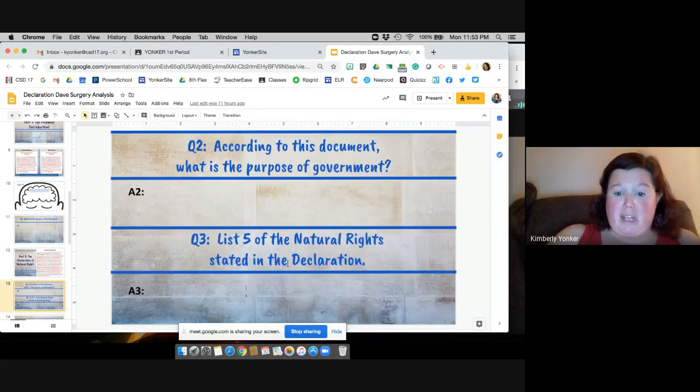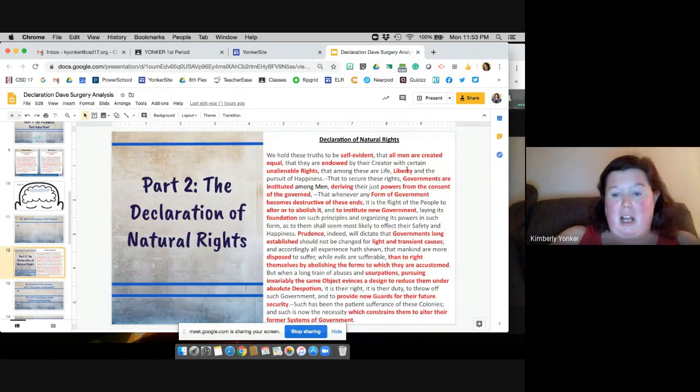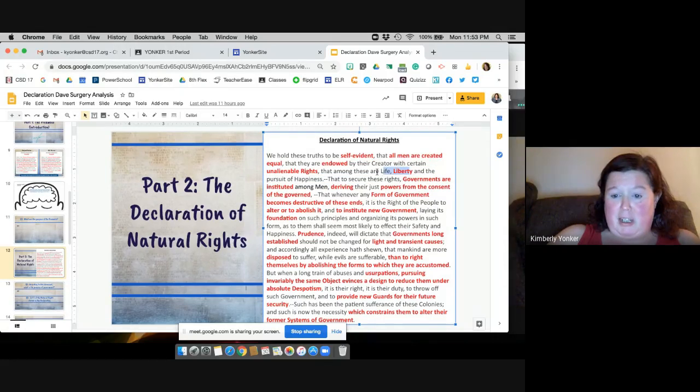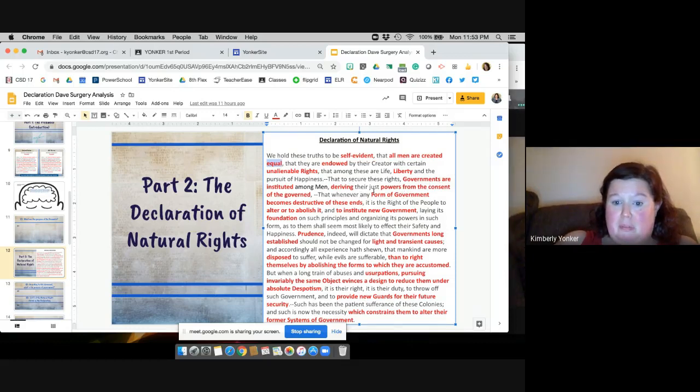List 5 of the natural rights stated in the Declaration. There were way more than 5. The ones that people always think of are life, liberty, and the pursuit of happiness. There's 3. Equality is 4. The right of the people to abolish a government or create a new government.